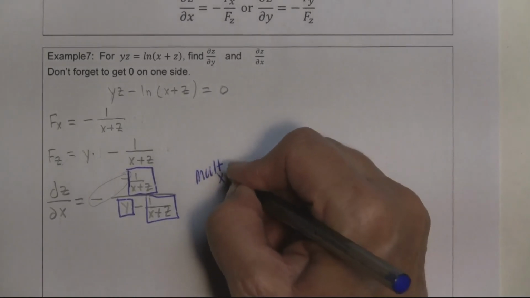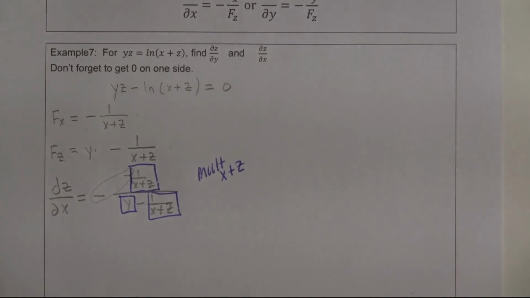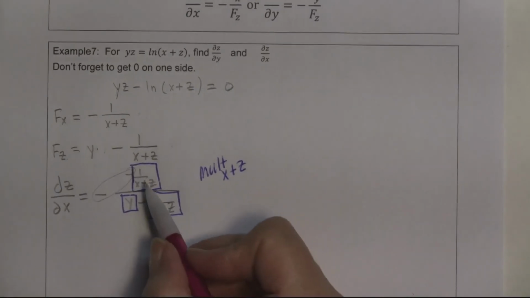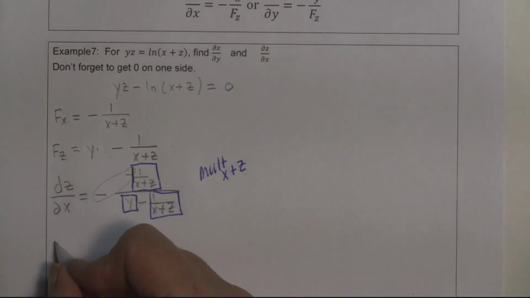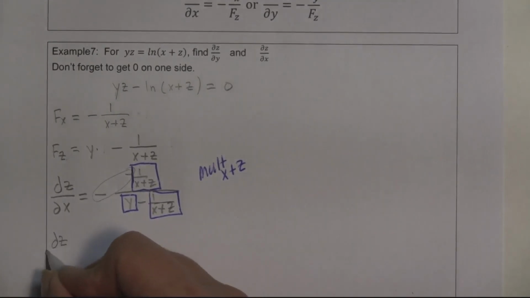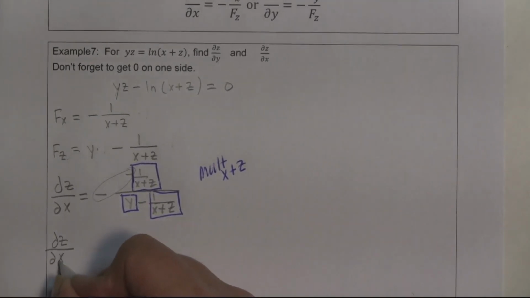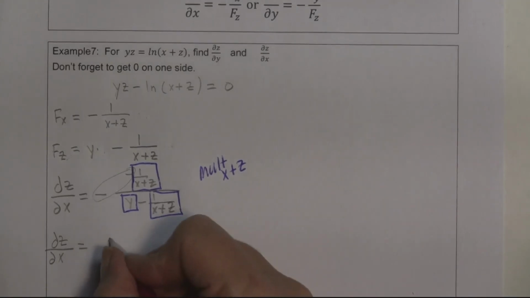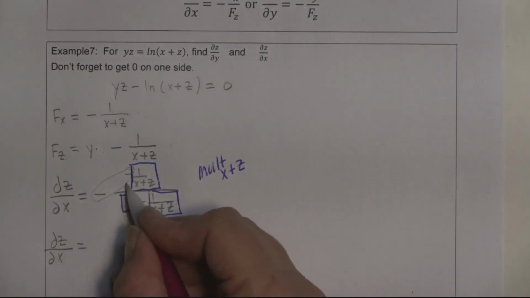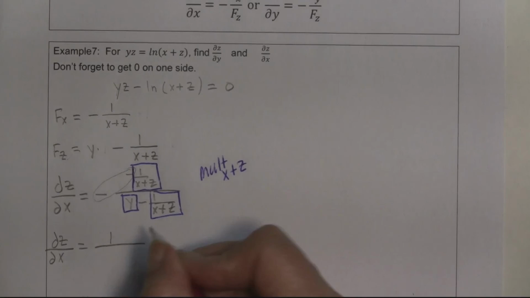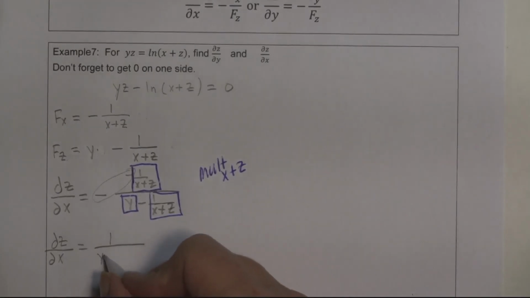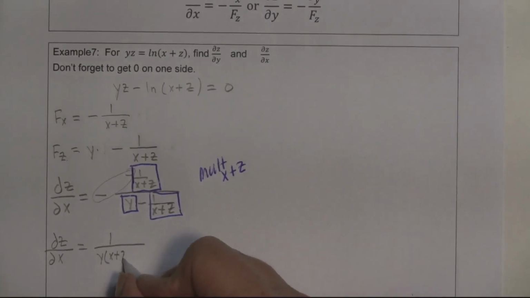And so when I do that, here in the numerator, I just get 1. Remember, this made a positive. So 1 in the numerator, y times x plus z.